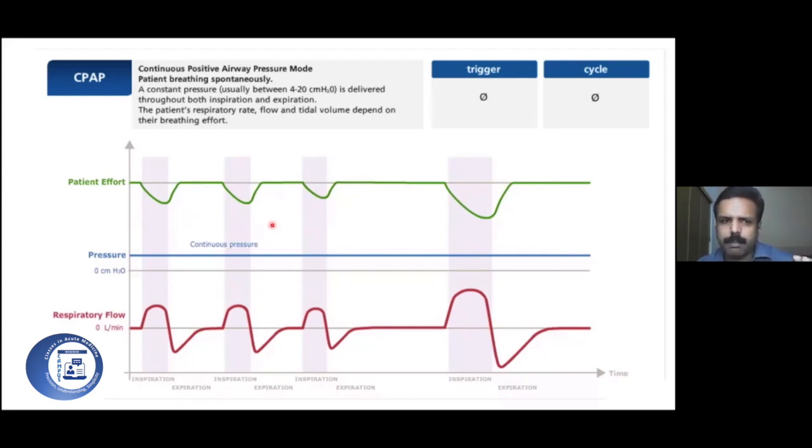There is no IPAP, that is why there is no pressure support. Whatever tidal volume the patient generates will be supported by the machine. There is only an expiratory positive pressure, or continuous positive pressure. CPAP, continuous positive airway pressure.